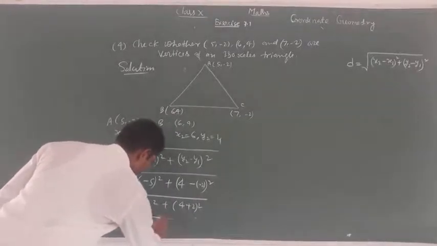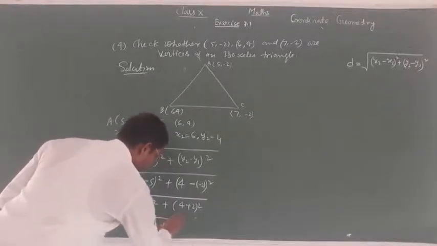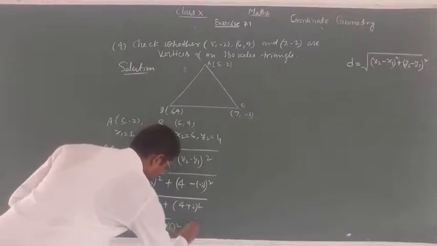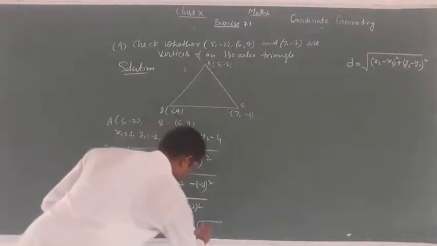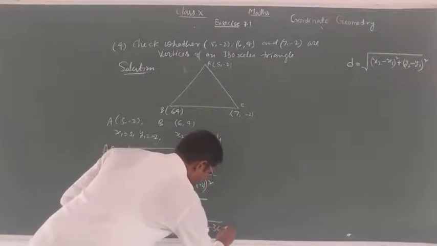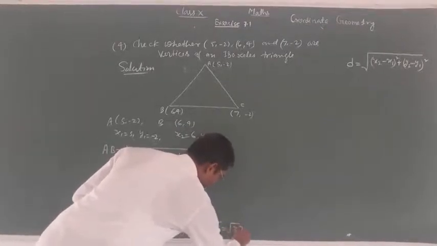So square root of 1 plus square of 6, which is 1 plus 36 is equal to 37.